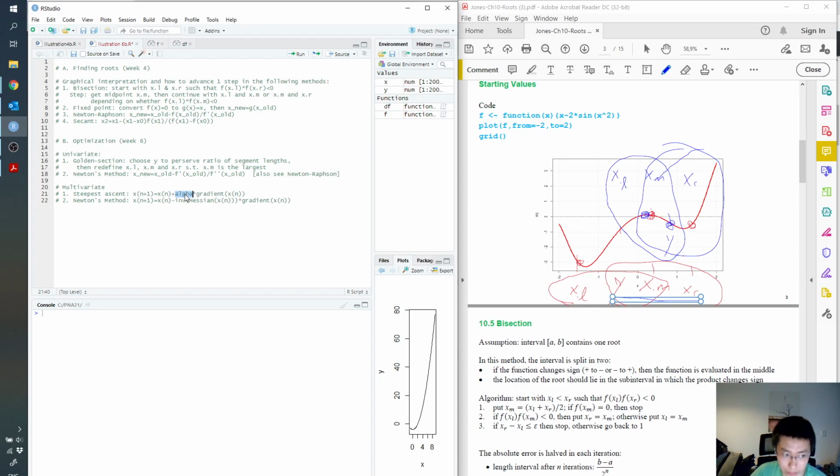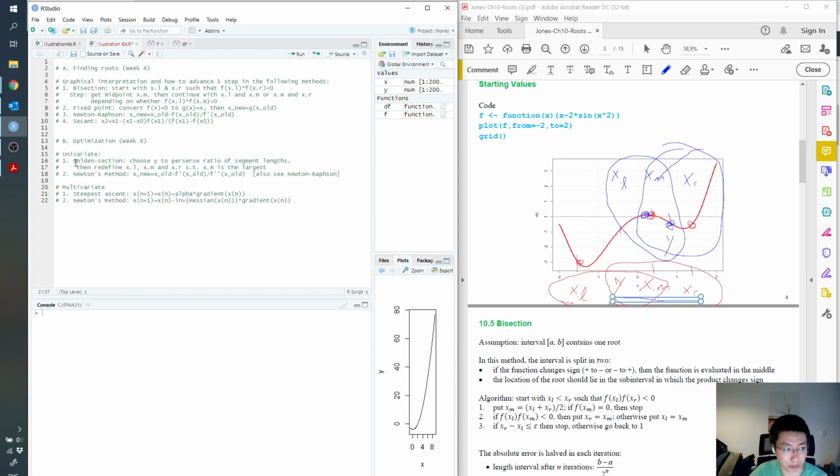So usually we use some kind of line search to find the alpha that finds a local optimum in that direction. Because of course, once I've decided on this direction, this whole function would be a function of alpha, right? So I could take a small alpha, then I move a tiny bit in that direction, or a large alpha, and I move a lot in that direction.